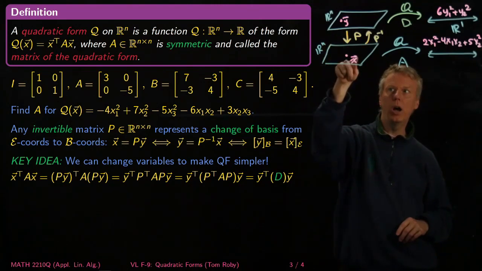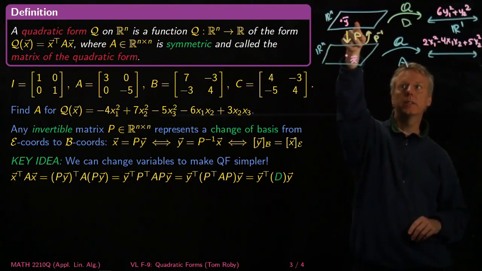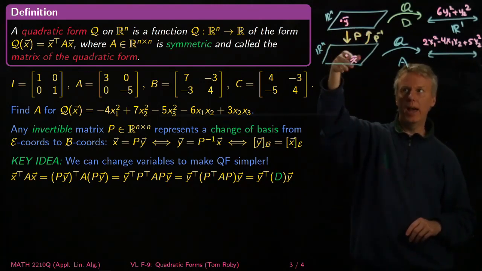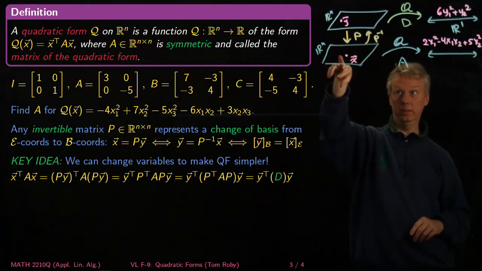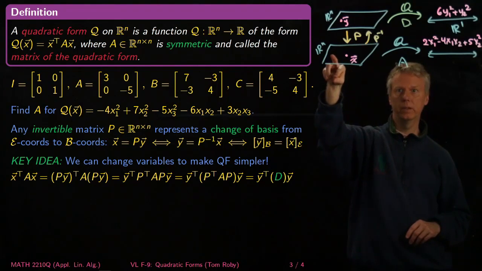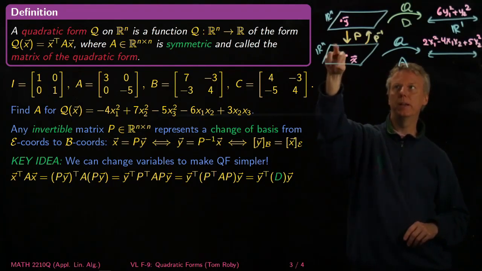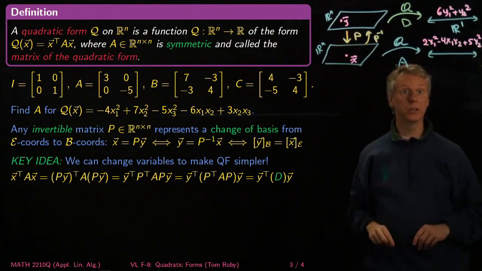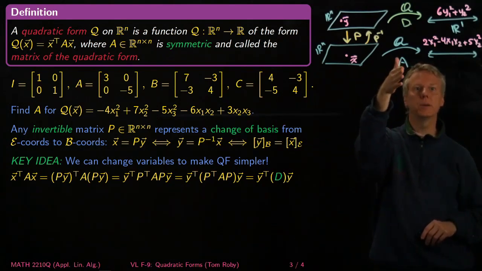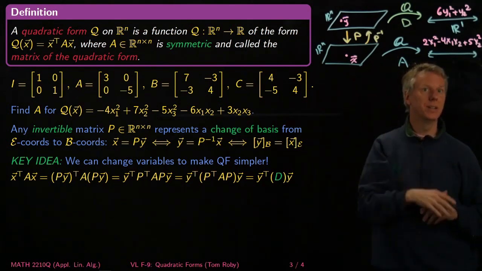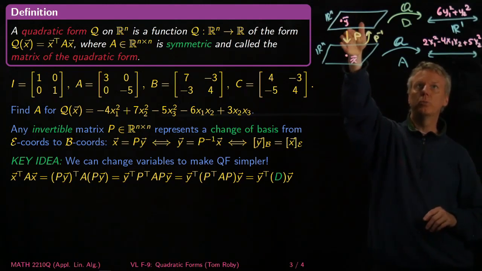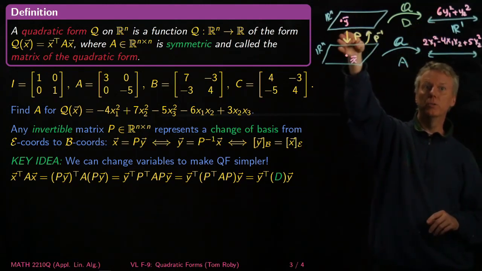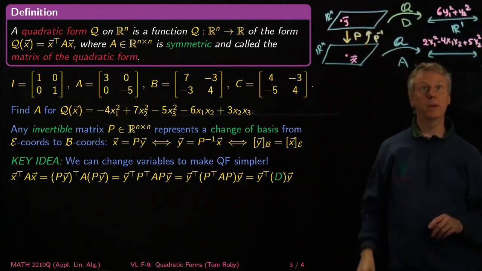we can go x equals Py or y equals P inverse x. The basis over here is the standard basis, and the basis over here is some new basis that we're constructing. Whenever we're given a matrix A, we assume that's the standard basis, and we do the change of basis so that we can rewrite the quadratic form with respect to that basis.